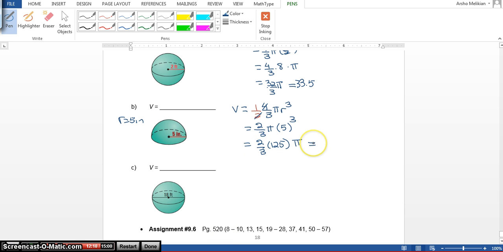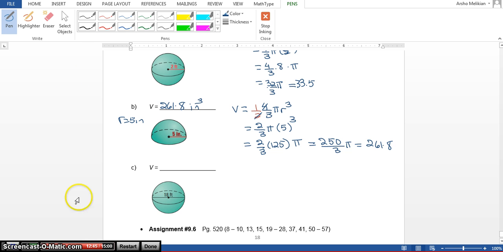This is going to be 250/3 times pi. And again, the quickest way to do it is 250 pi over 3. That gives 261.8. So it's 261.8 inches cubed.